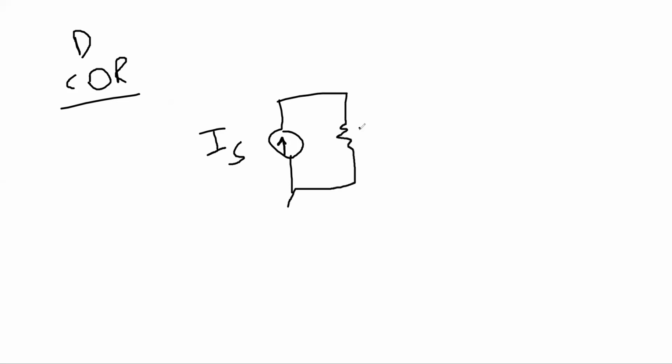So if we are having any current source, IS, and we are having two resistors in parallel. CDR is always applied when the resistors are in parallel, R1 and R2. Whenever we are having resistors in parallel.